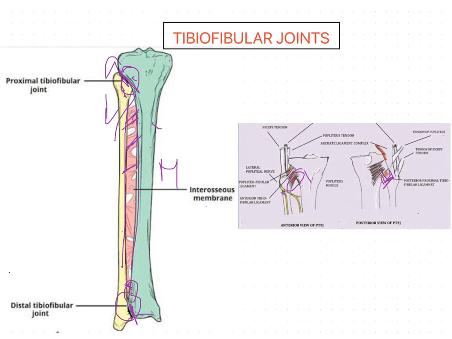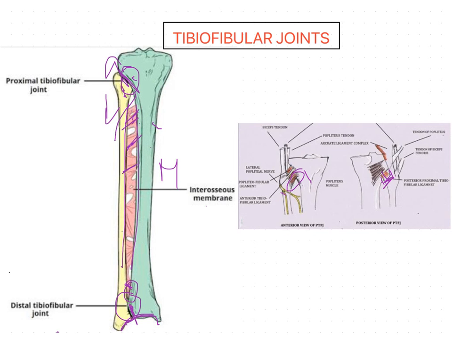So this inferior tibiofibular joint also takes part in the ankle joint. If you see the ligaments, it has ligaments on the anterior side, posterior side, inferior side, and also the interosseous membrane.